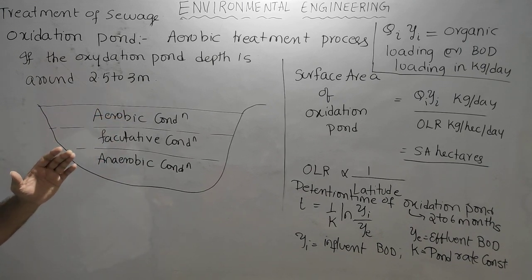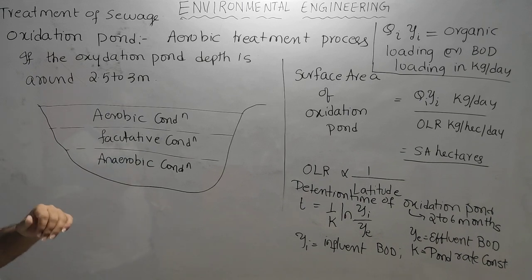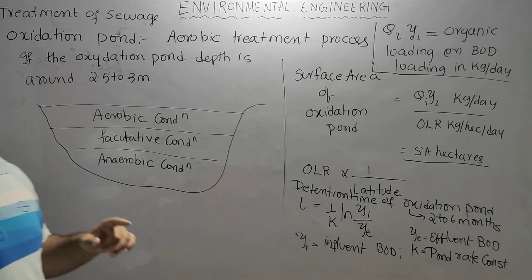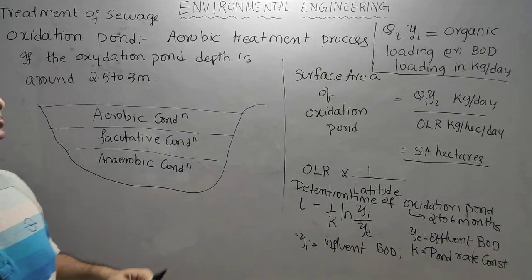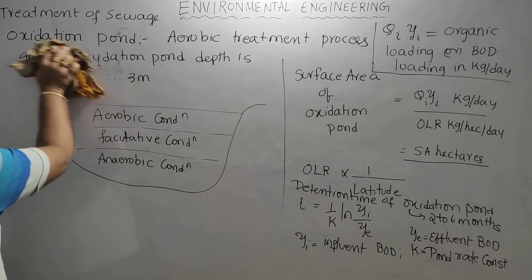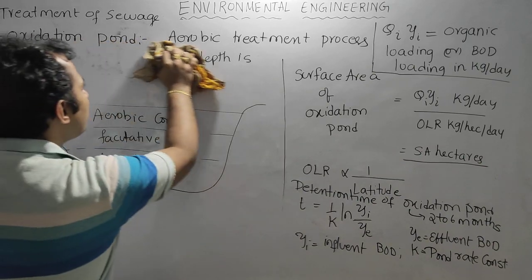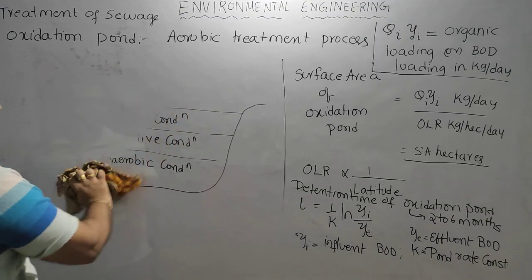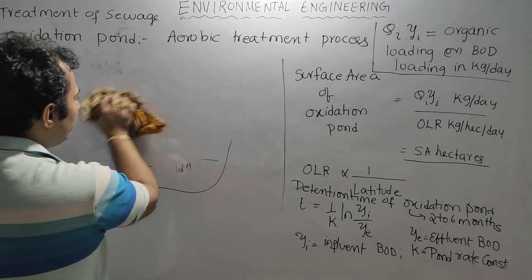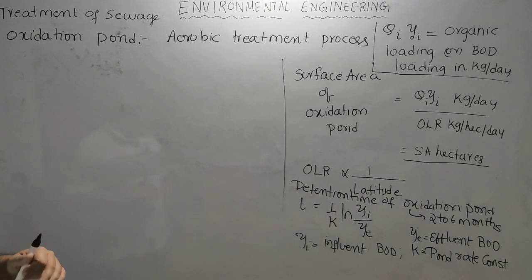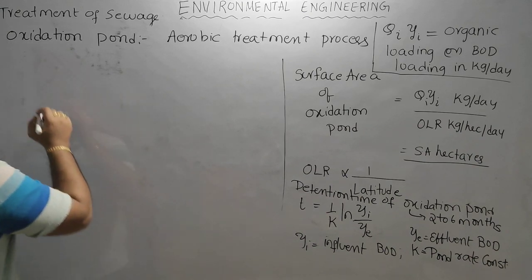And one more important point here is that before sending the sewage or any sludge into the oxidation pond, primary treatment is mandatory. Why is it mandatory? Why do we need to treat the sewage water in the primary sedimentation tank before sending it into the oxidation pond?